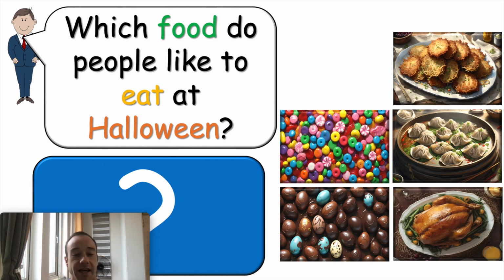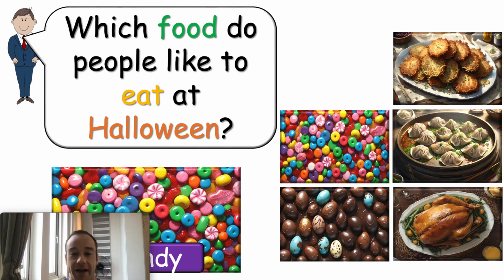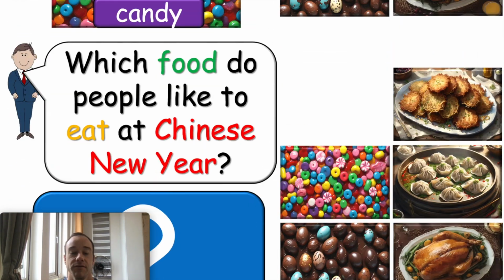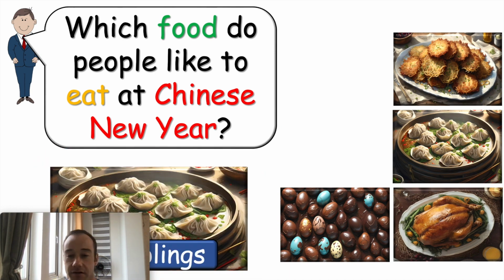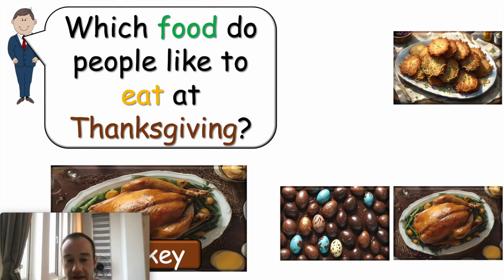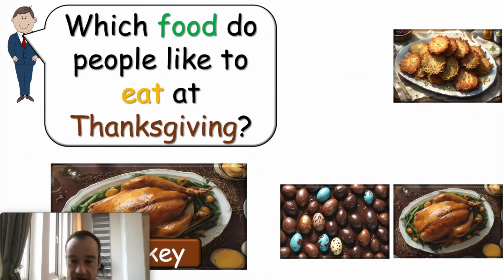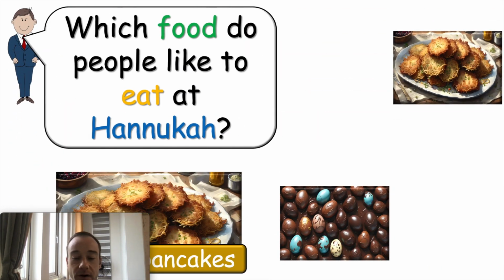Once you have all their guesses down, reveal the answer. Of course, it's candy. Then candy will disappear on the next slide. Of course, it'll be much smoother, and then rinse and repeat for each one until all of them are revealed. So we got dumplings for Chinese New Year, turkey for Thanksgiving, and potato pancakes for Hanukkah.